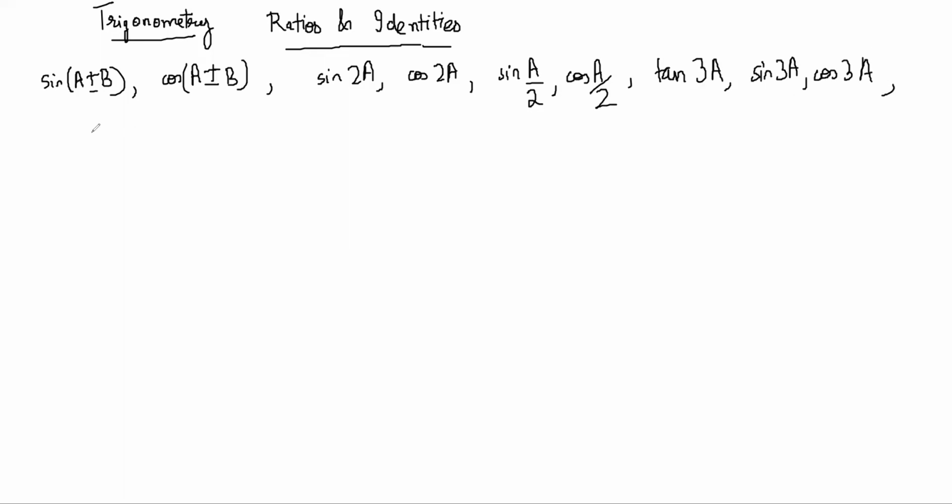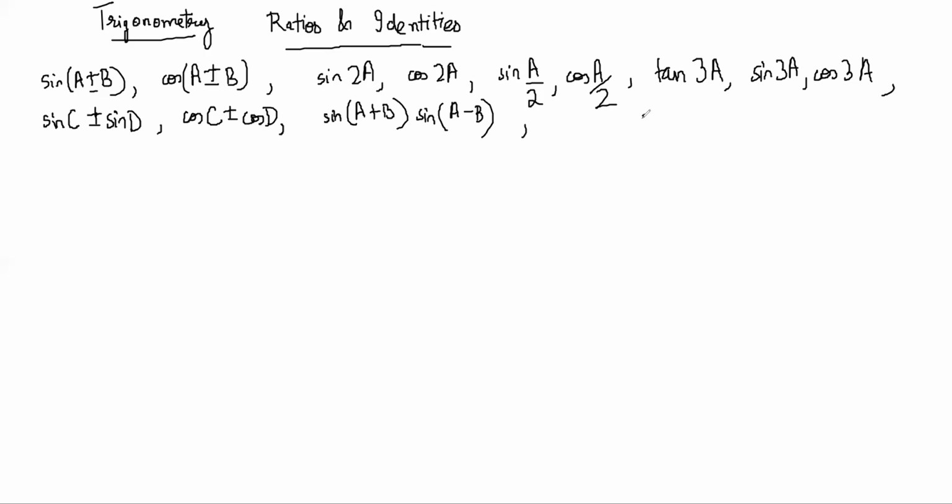Then we saw these formulas, sin C plus minus sin D, how can you express it as a product, and cos C plus minus cos D, how can you express it as a product. What else did we see? We saw some tricky formulas like sin(A plus B) into sin(A minus B) and so on.